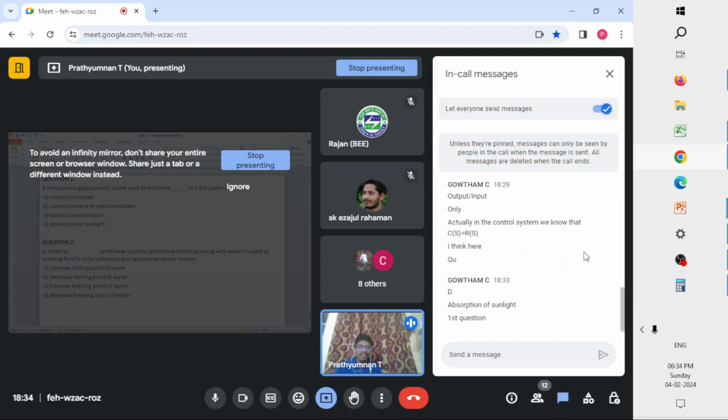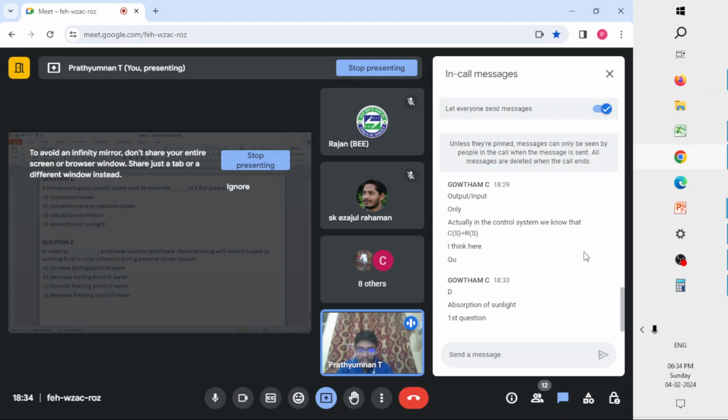The thing is, here we are asking not about the role, but about what we have to minimize. So the transparent glass cover is used for maximizing the absorption of sunlight. As I said, the concept of design consideration is that we need to maximize the stuff.